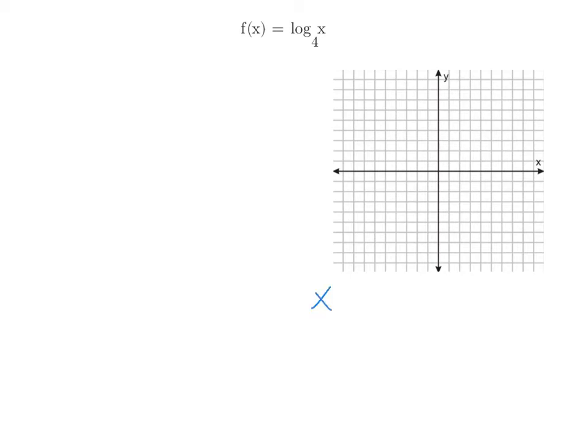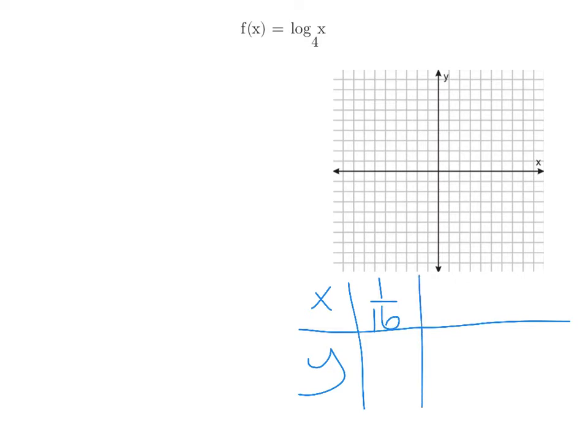So I'm going to create a table of values, and for my x values, I'm going to choose 4 to the negative second, which would be 1/16 as an argument. 4 to the negative first is 1/4. 4 to the 0 is 1. 4 to the 1 is 4. And 4 to the second is 16. So I want to choose these 5 values of x to plug in as my argument and evaluate to get my y.